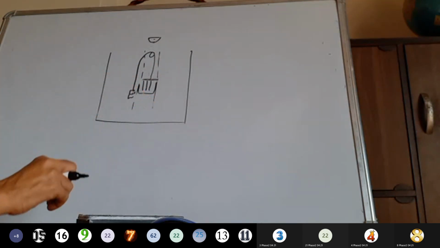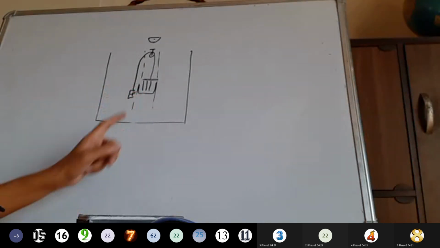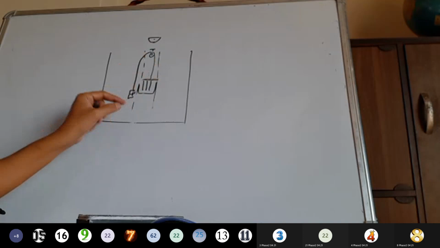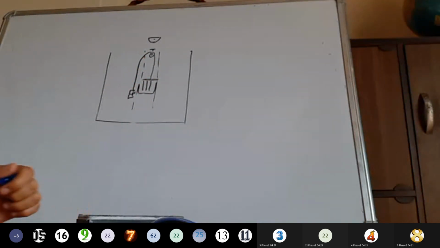If you increase these weights, this will go upward, and if you reduce the weight, it will come down. That is how the heeling error correction can be increased and decreased on board the ship by the ship staff.